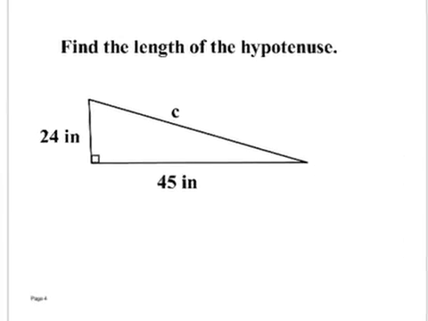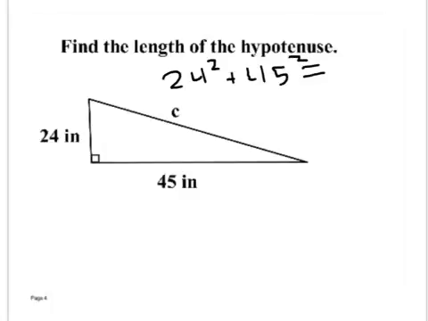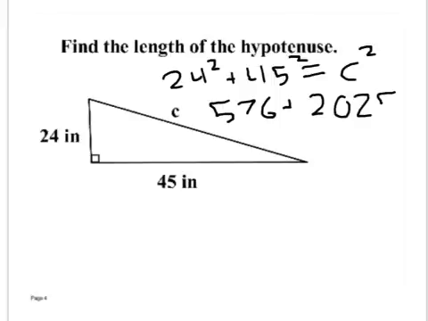Here's another one. Draw the triangle and write the numbers down. We're still finding the hypotenuse. So I need to take 24 squared plus 45 squared. It will give me the square of C. 24 squared is 576. 45 squared is 2025.